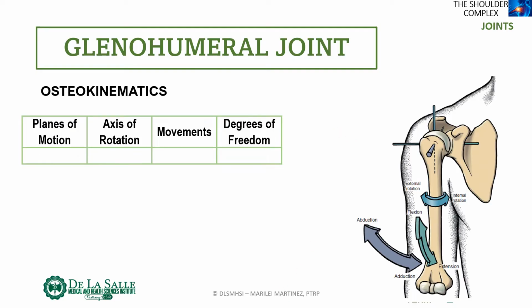If you can imagine, this is the person, this is the neck, 90 degrees of abduction. This is anterior view. So this is the other extremity in the anatomical position. So 90 degrees abduction. If the humerus moves anteriorly, that is horizontal adduction. If the humerus moves posteriorly, that is horizontal abduction.